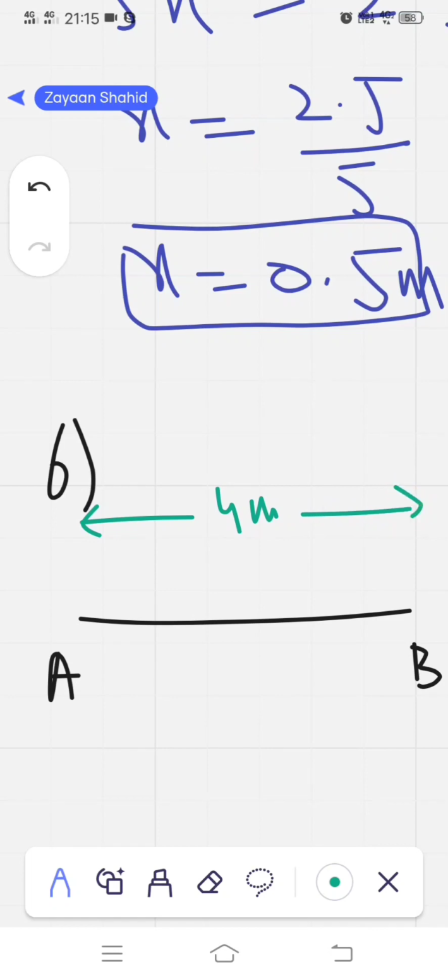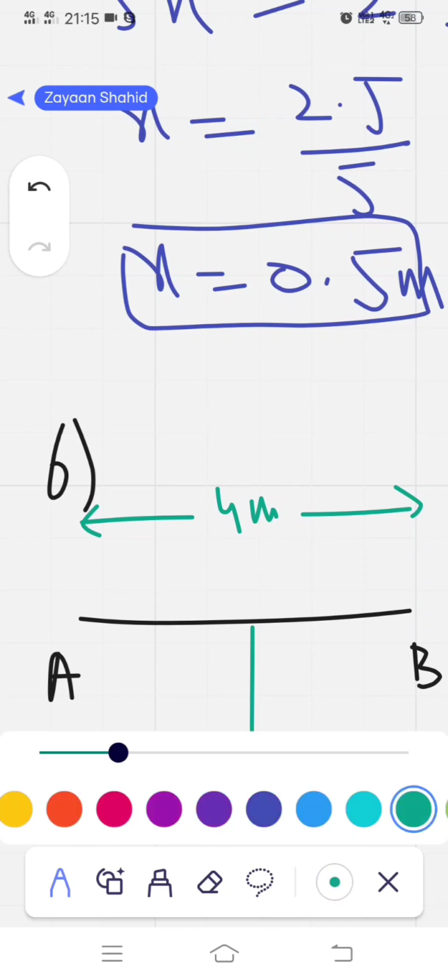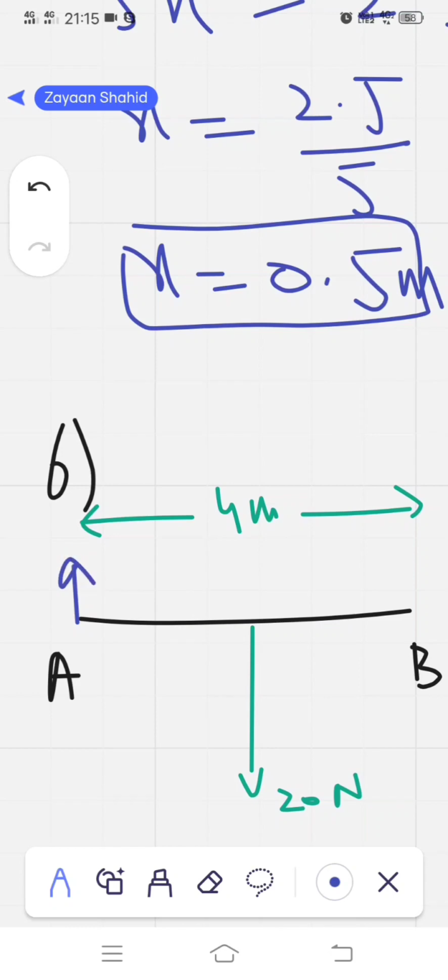Weight 20 Newton, so the weight of the rod is in the downward direction, that is 20 Newton. It is suspended horizontally by two vertical strings attached at A and B. So these are the two vertical strings, and this is tension in the string A, tension in the string B. These are in the upward direction.